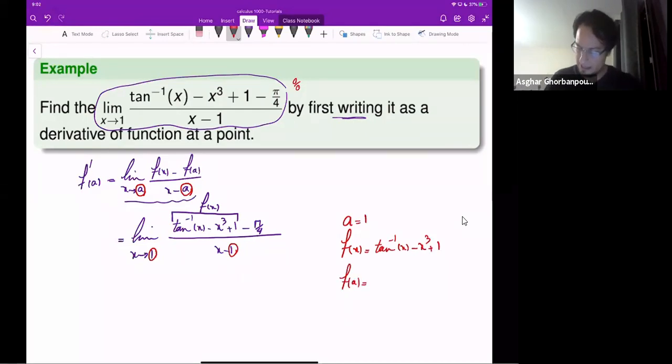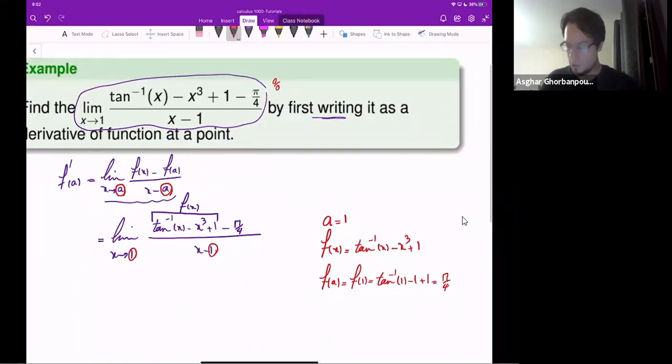F of 1 is tan inverse of 1 minus 1 plus 1, which is pi over 4. Tan inverse of 1 is pi over 4, minus 1 plus 1, which is pi over 4. And you see that this guy here is f at 1.